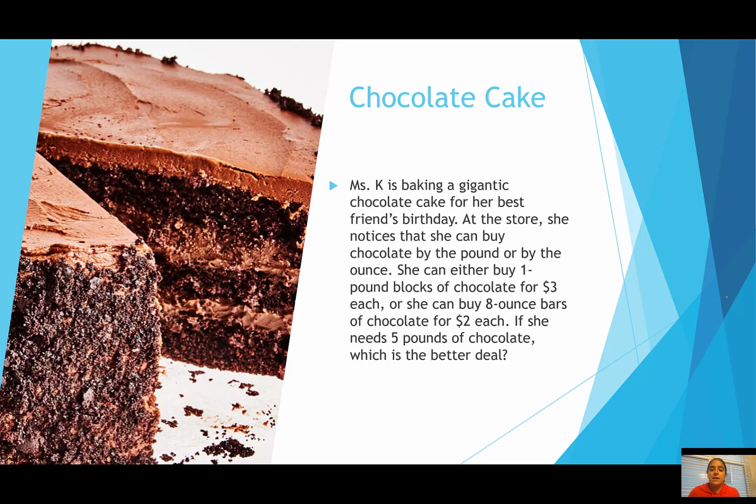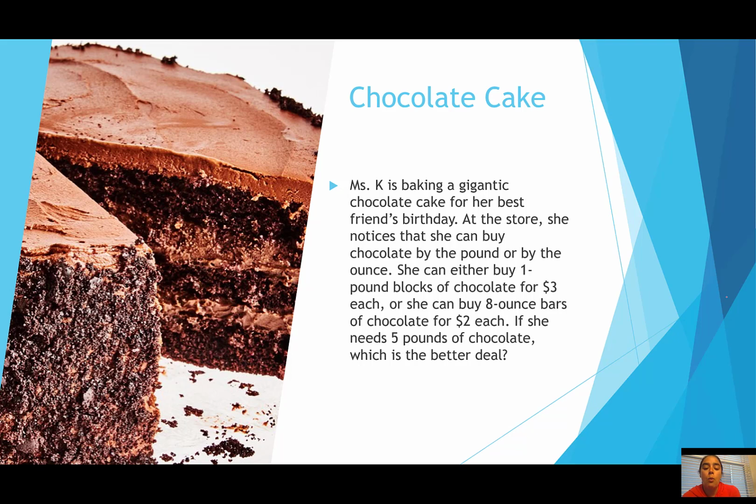All right, let's try a second problem to figure out what we can do. It's called chocolate cake. Miss K is baking a gigantic chocolate cake for her best friend's birthday. At the store, she notices that she can buy chocolate by the pound or by the ounce.